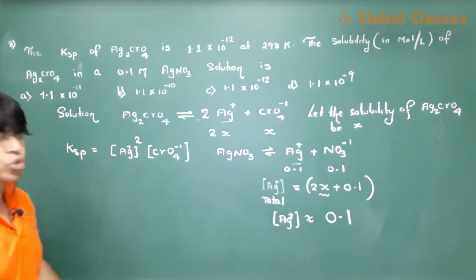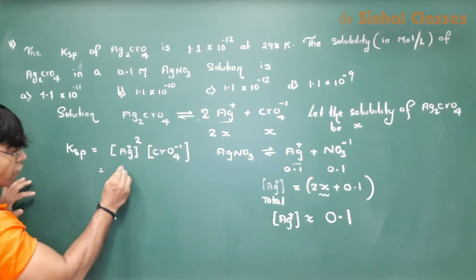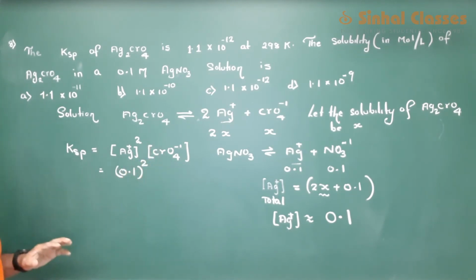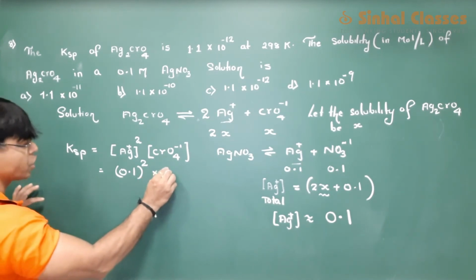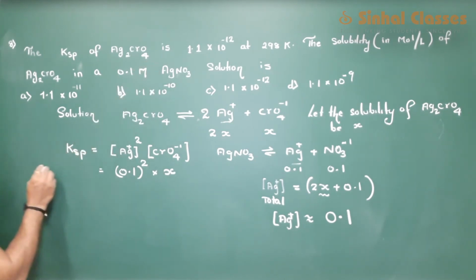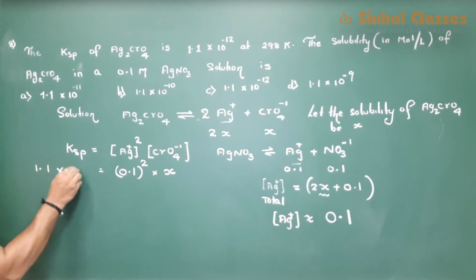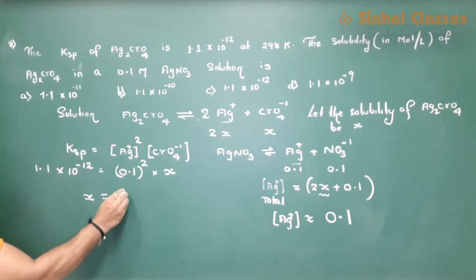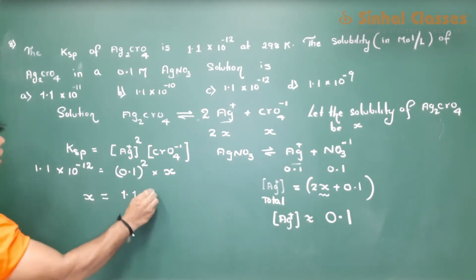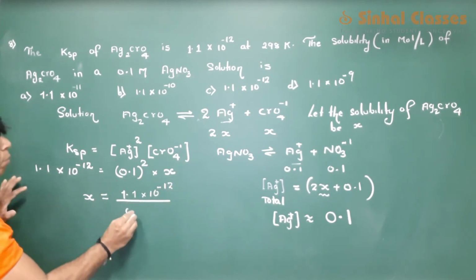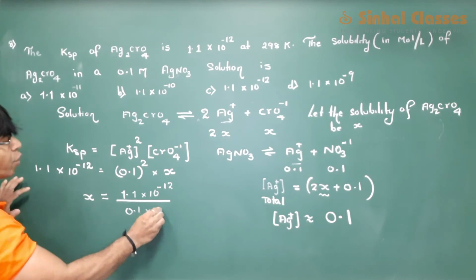So for the Ag plus, I am writing 0.1 square, into x, the solubility of chromate ion, CrO4 minus, and Ksp is given as 1.1 into 10 raised to minus 12. After solving this, x will be 1.1 into 10 raised to minus 12 divided by 0.1 into 0.1.